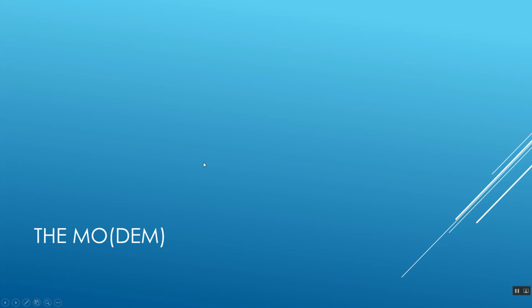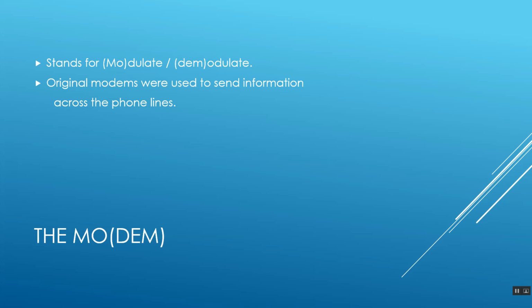Now, let's talk about the modem, because the modem, internet, all that stuff people see on a daily basis. Now, this stands for modulate, demodulate. Original modems were used to send information across the phone lines.